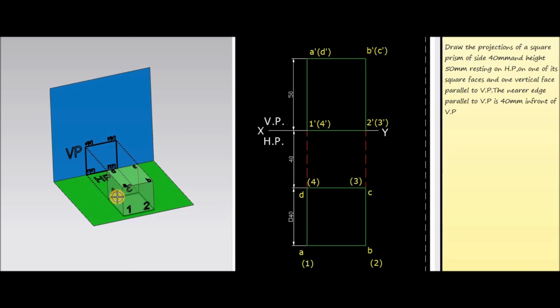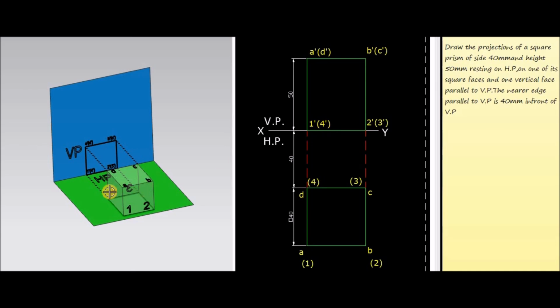Then the corners 3 and 4 are not visible when we are looking from the front side, so they have to be represented inside the brackets. Corresponding to the back point, 3 dash will be the letter inside the bracket, and corresponding to point 1, the corner at the back side of point 1 is 4, and it has to be represented inside the bracket as 4 dash.